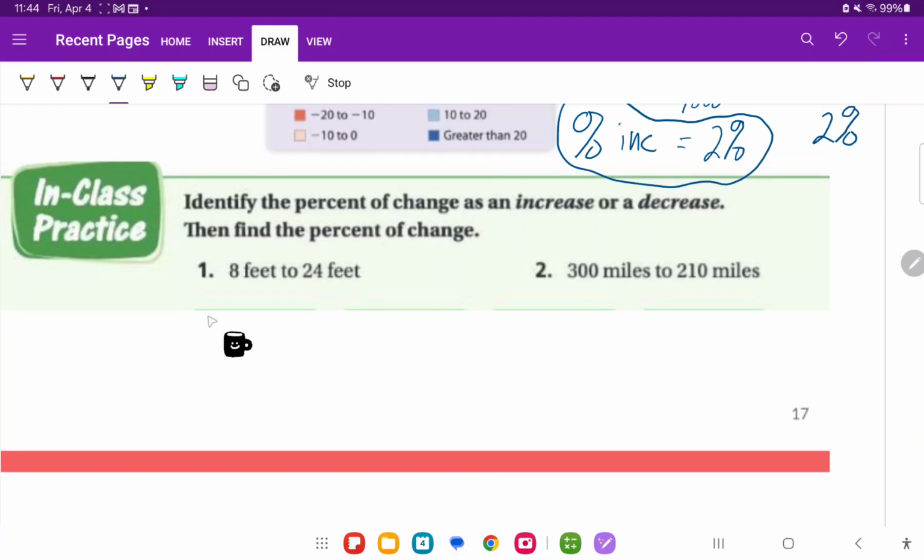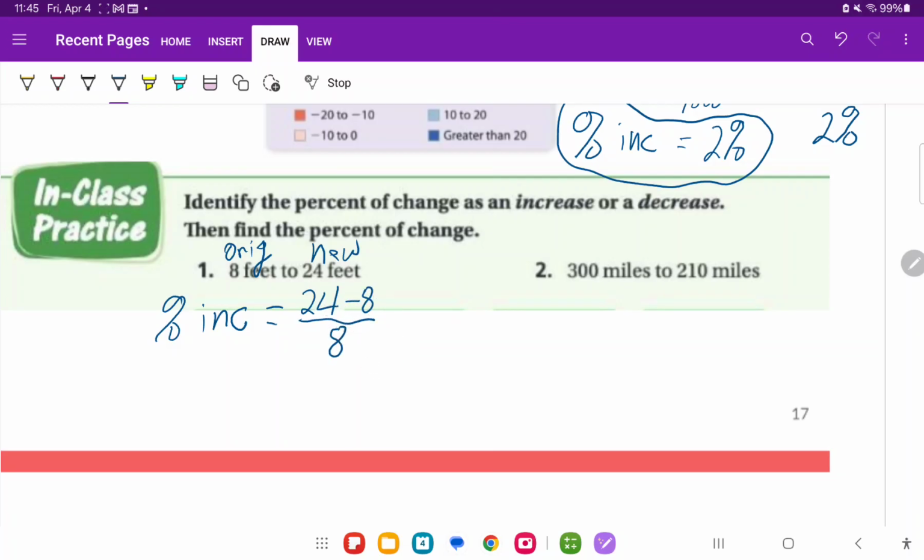Okay, so on number 1, this was the original, 8 feet to 24 feet, so 24 is the new. So that is an increase, so percent of increase. That's going to equal, you take the new minus the original divided by the original.